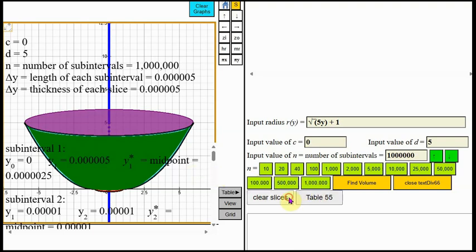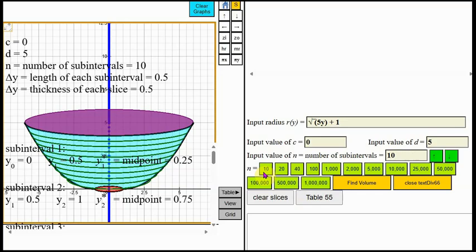And so now let's go back to the case where I divided the solid into 10 slices. Then the first slice is going to be between y equal to 0 and y equal to a half. And then the midpoint between 0 and a half will be 0.25. The second slice will be between y equal to 0.5 and y equal to 1.